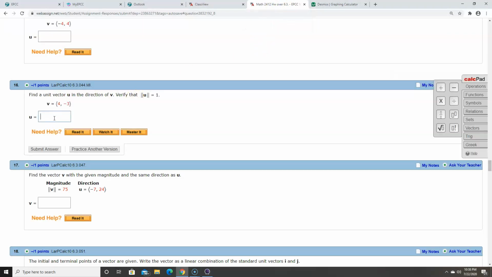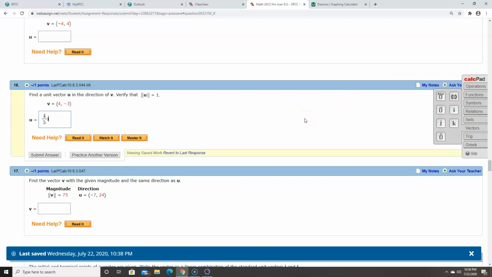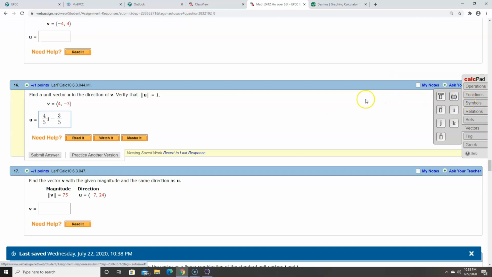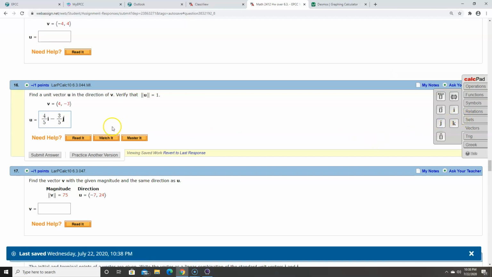So I'm going to put 4/5 i minus 3 divided by 5 in the j, and that's one way to write it.